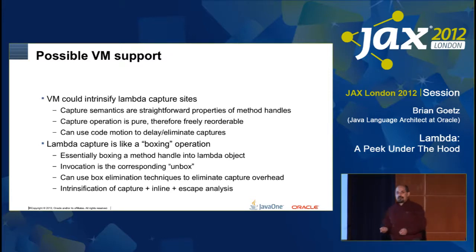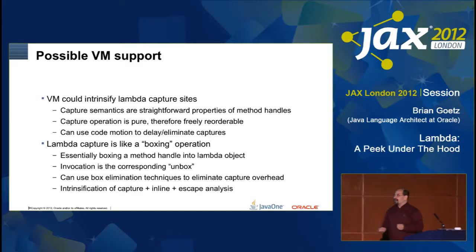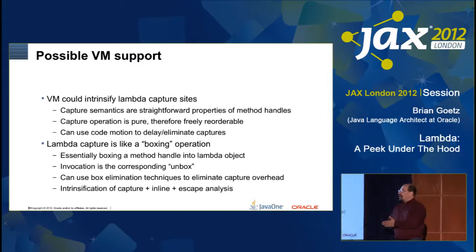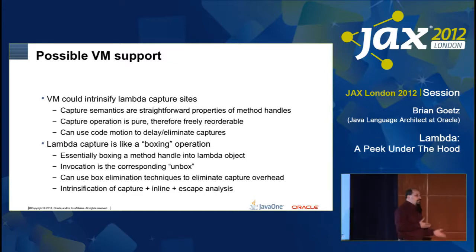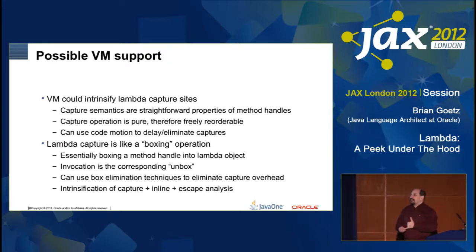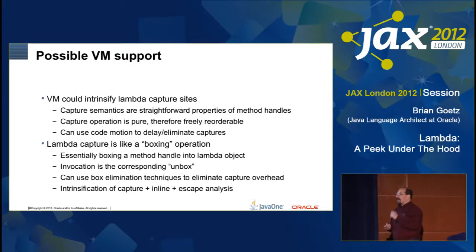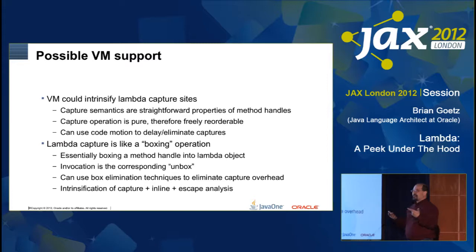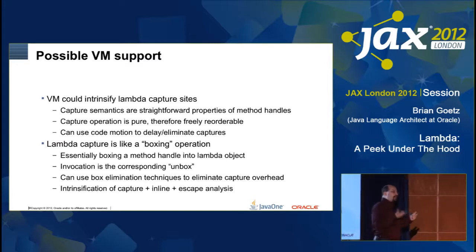And I happen to know that a Lambda capture is a pure operation. So I can reorder it with other operations. I can do code motion, push it into a called method, and maybe avoid having to do the capture at all. Similarly, you can think of Lambda capture, where we take a method handle and turn it into an instance of a functional interface, as being a little bit like boxing an int to an Integer.